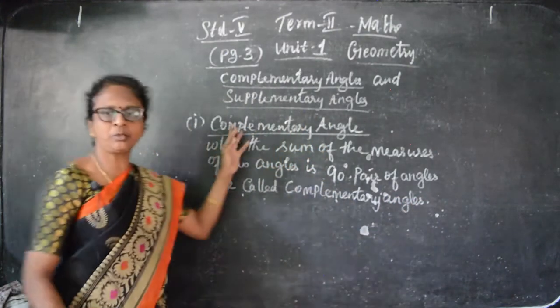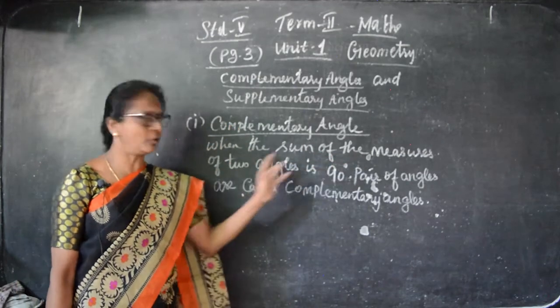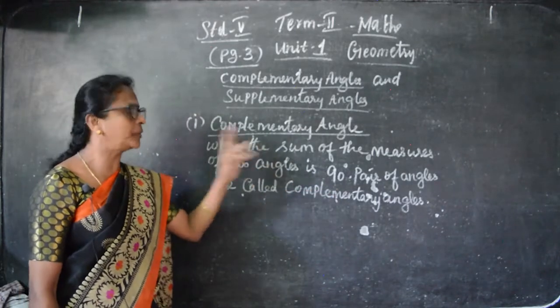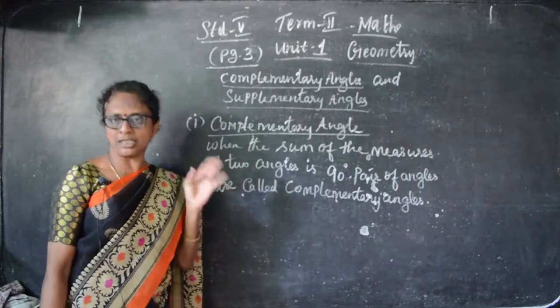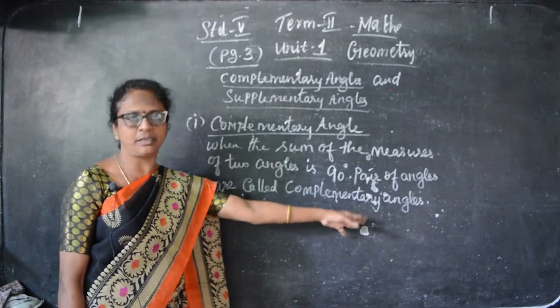Okay, what do you mean by complementary angles? When the sum of the measures of two angles is 90 degrees. Sum means you have to add two numbers, and when the result is 90, that is the complementary angle.